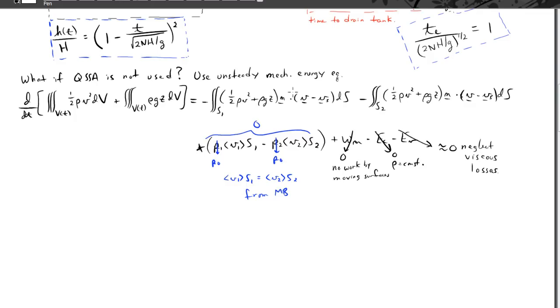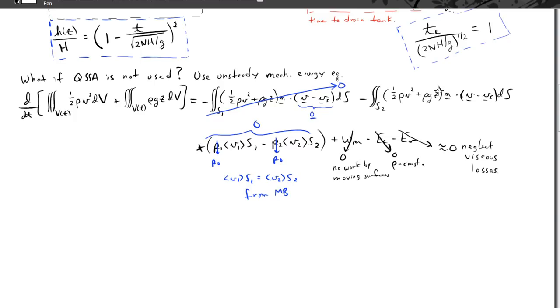The other thing is, let's look at surface S1. On the top surface, the control volume moves downward at the same velocity as the liquid. So V minus Vs is equal to 0. Consequently, this entire integral vanishes over surface S1. And so what we're left with is the second integral over surface S2.